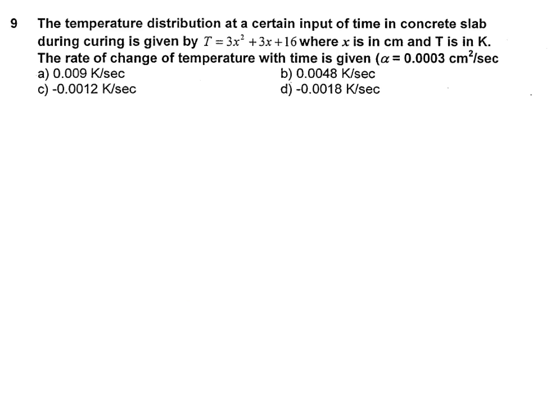Next, the temperature distribution at a certain instant of time in concrete slab during curing is given by T equal to 3x square plus 3x plus 16, where x is in cm, T is in Kelvin. The thermal diffusivity is given by alpha, 0.0003 centimeter square per second.